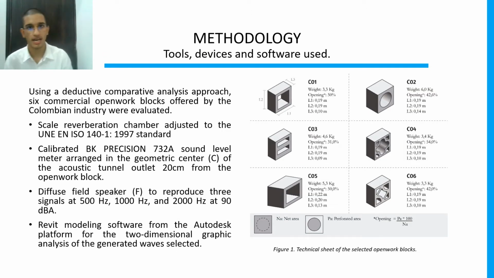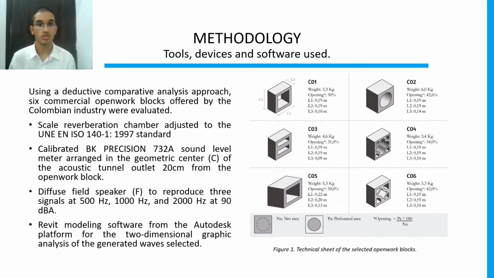A deductive comparative analysis approach was used, and 6 different commercial open wall blocks were evaluated. The tools used were a scale reverberation chamber and a calibrated sound level meter arranged in the geometric center of the acoustic tunnel outlet, 20 cm from the open wall block.